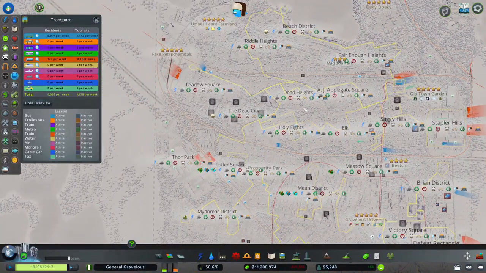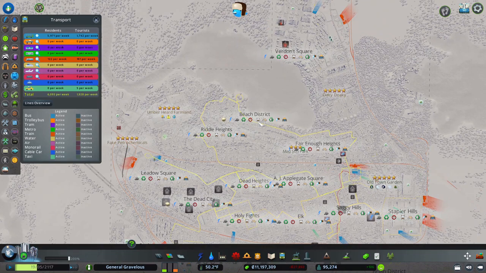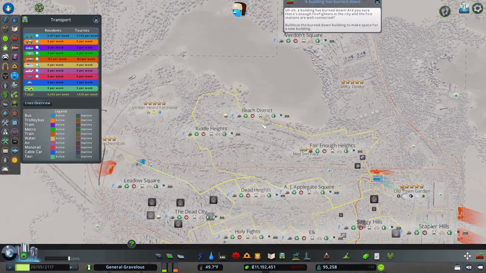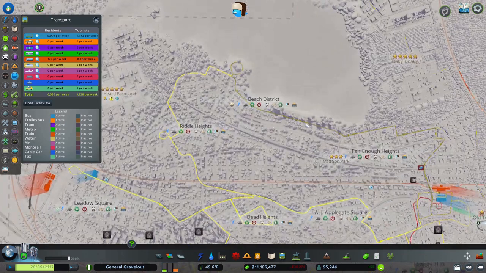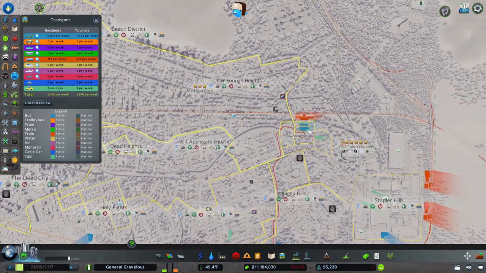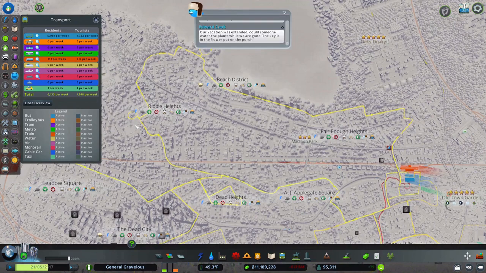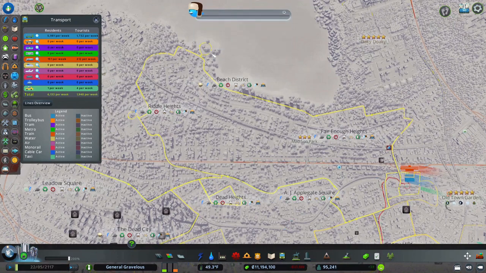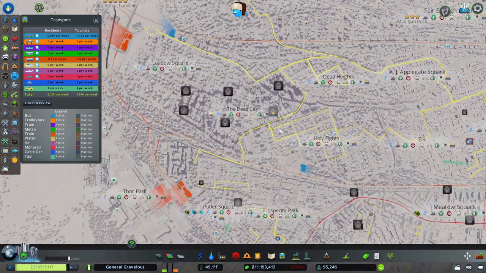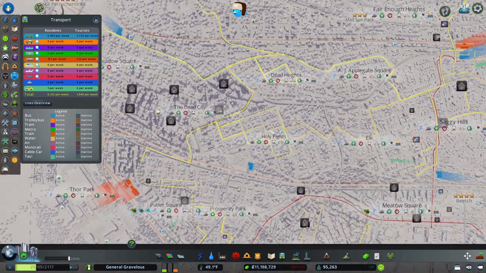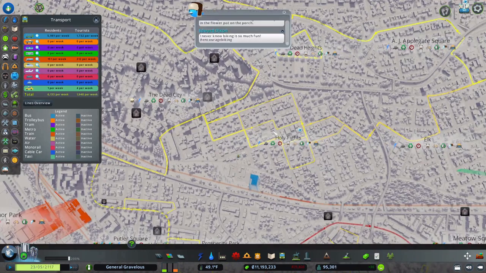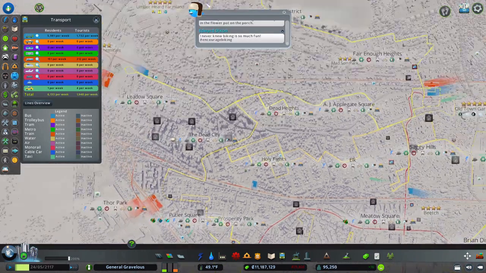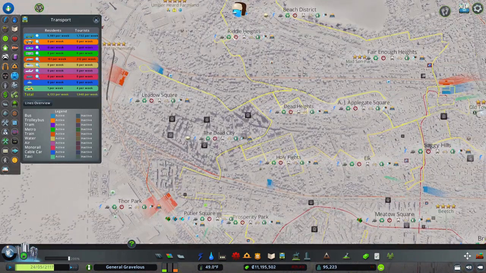There are these two coming from this circle over here. One goes from here to the old town and this place over here, and then one is going all the way to Holy Fights, which seems to be some kind of transportation hub, in the sense that one comes there and this from the stable comes there.